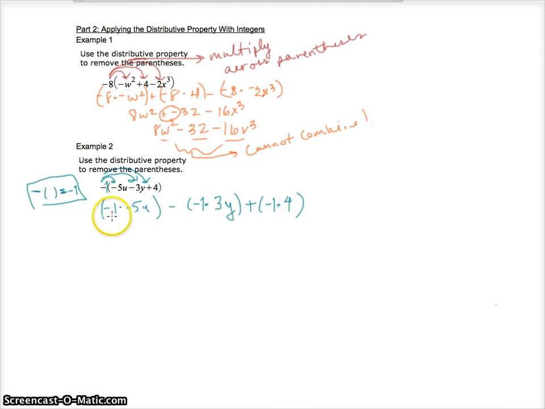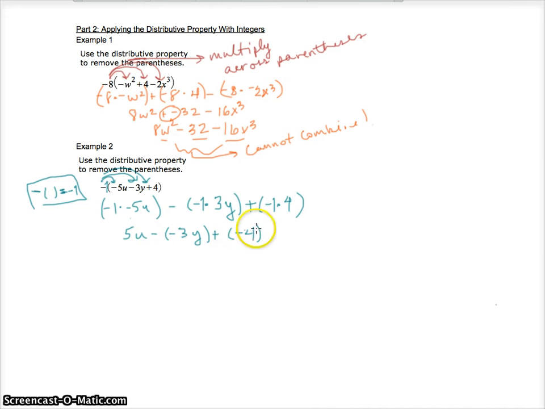Here I've got negative 1 times negative 5u, which is 5u, minus negative 1 times 3y, which is negative 3y, plus negative 1 times 4, which is negative 4.